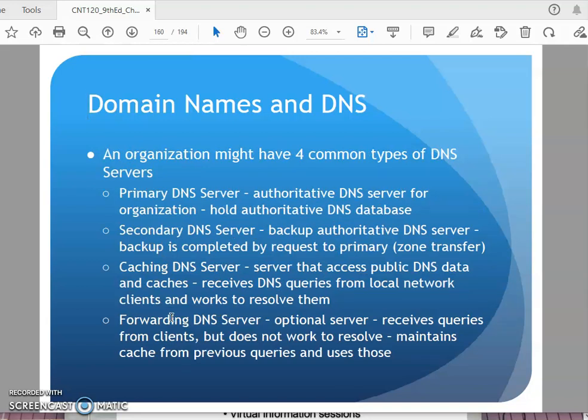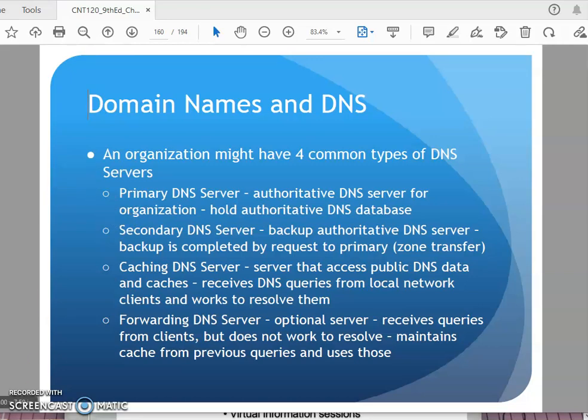There's a number of different types of DNS servers. Primary DNS server, the authoritative DNS server for an organization, so the main DNS server for my company, if you will. I might have a secondary, a backup authority DNS server that's there to help and/or act as a backup.